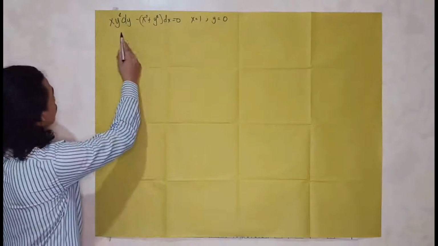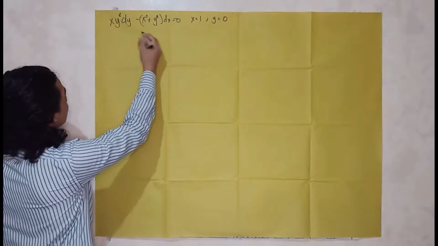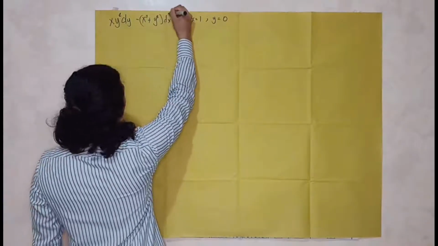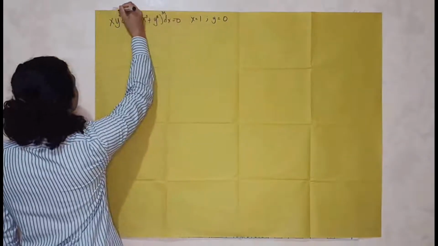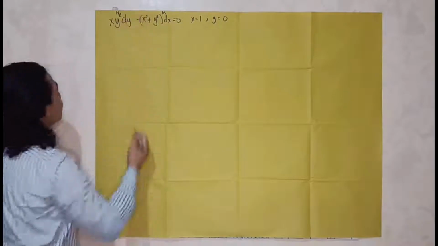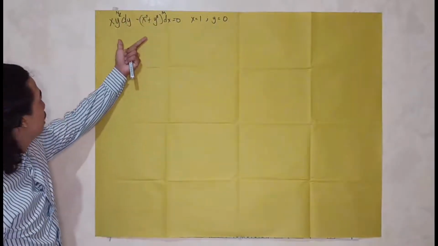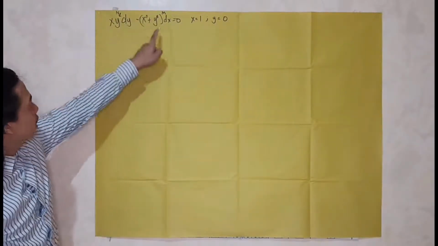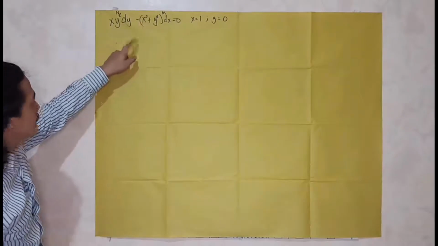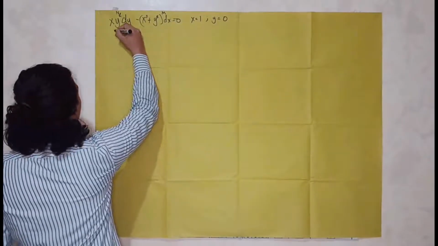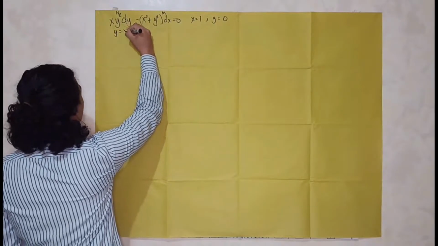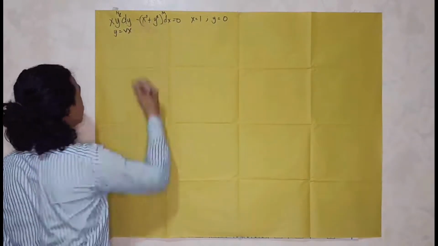So dito makikita natin na ito yung M na kasama ng dx at ito yung N. So makikita natin mas simple yung N kaysa sa M. So ang gagamitin nating substitution ay y is equals to vx.